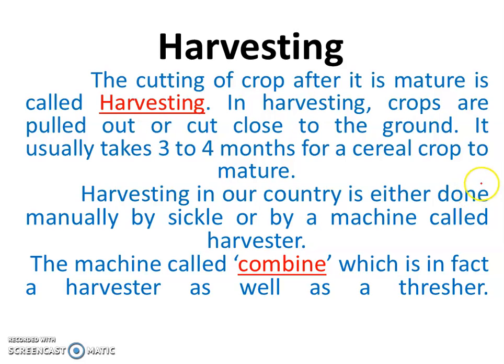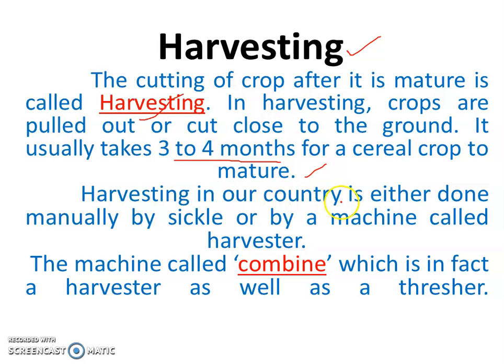Then the harvesting. This is a very important thing. The cutting of the crop after it matures is called harvesting. In harvesting, crops are pulled out or cut close to the ground, and usually it takes 3 to 4 months for cereal crops to mature.